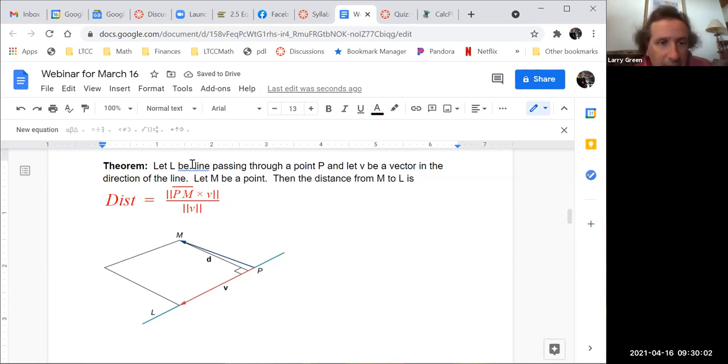Let M be a point. Then the distance from M to L is defined by distance equals the magnitude of the vector PM cross V over the magnitude of V.